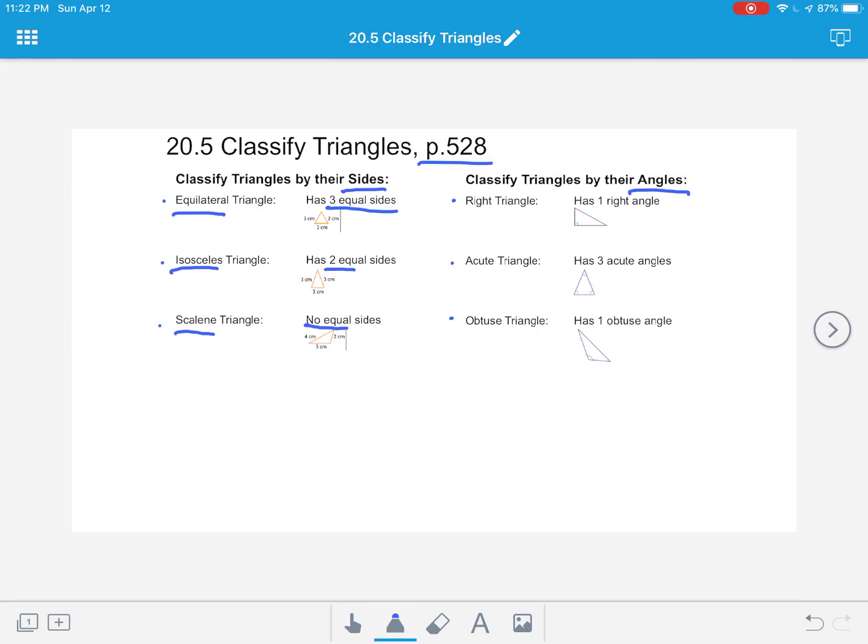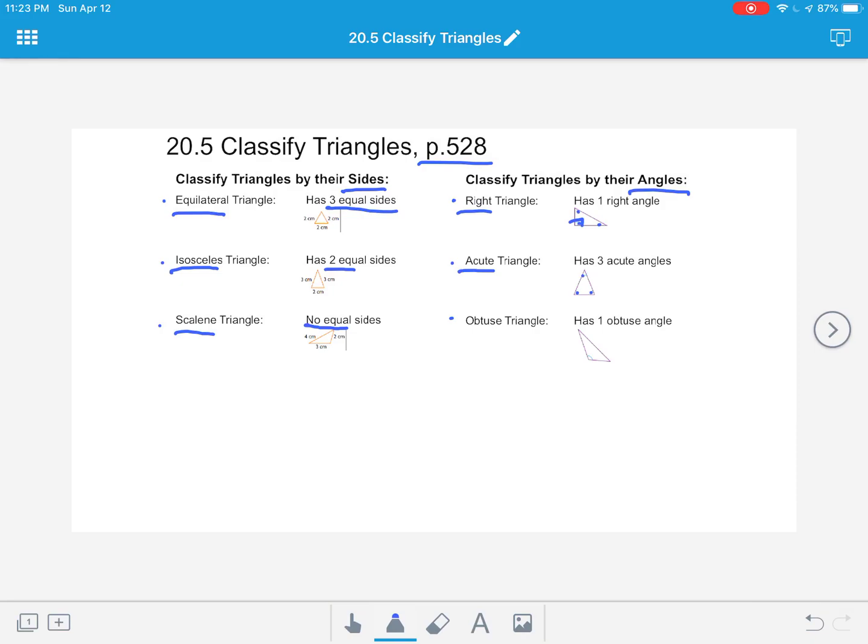When we talk about classifying triangles by their angles, we're talking about the angles inside each triangle, and that's how the triangle gets its name. So one classification is called a right triangle. Just like a right angle, a right triangle has one right angle inside the triangle. We have an acute triangle, which has 3 angles that all have acute measurements.